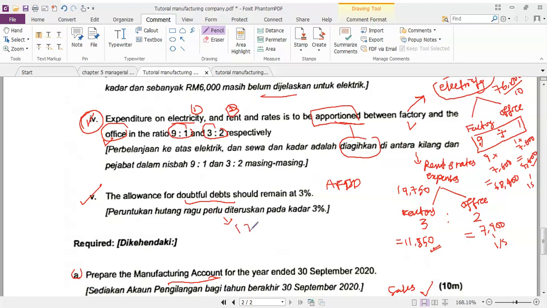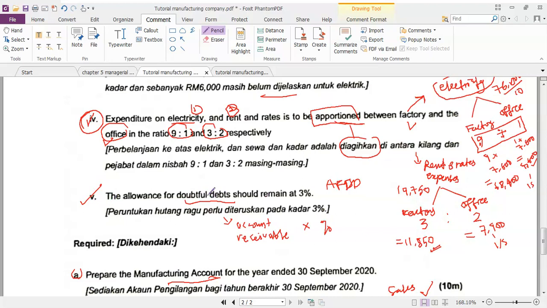That is total account receivable, or trade receivable, times the percentage.